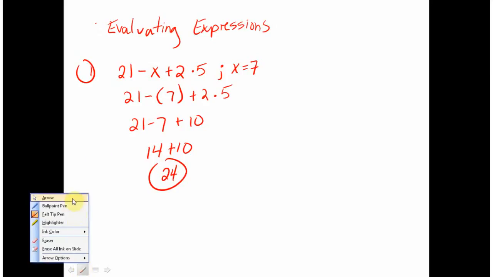Alright, let's do another one here. Number 2, we're going to say that we have 5 squared times the quantity 30 minus x, and we want to evaluate when x is 24. So we write our expression.